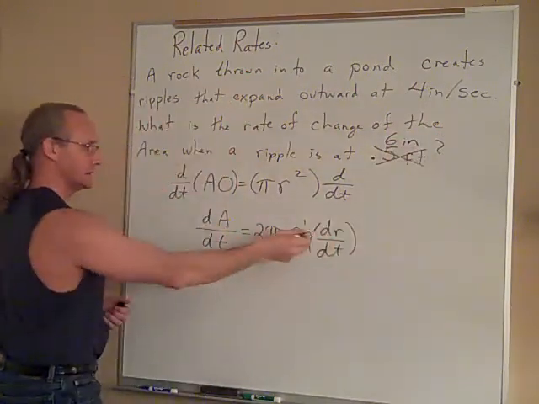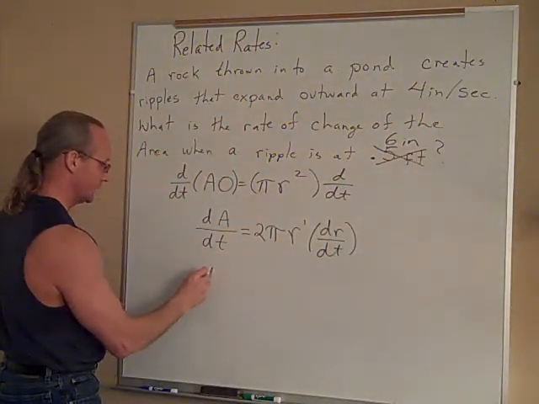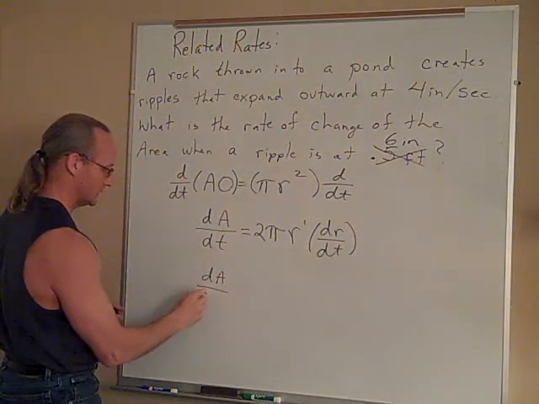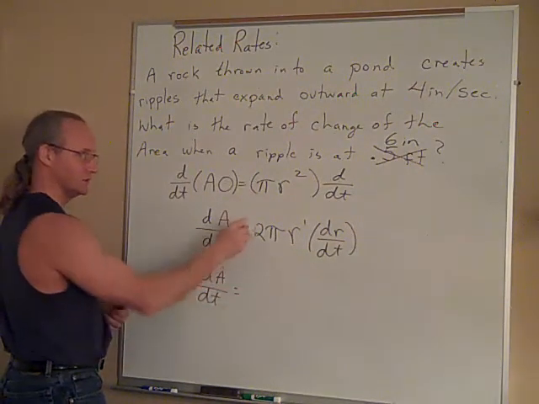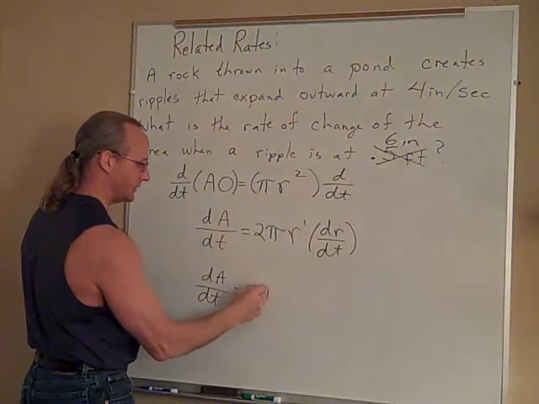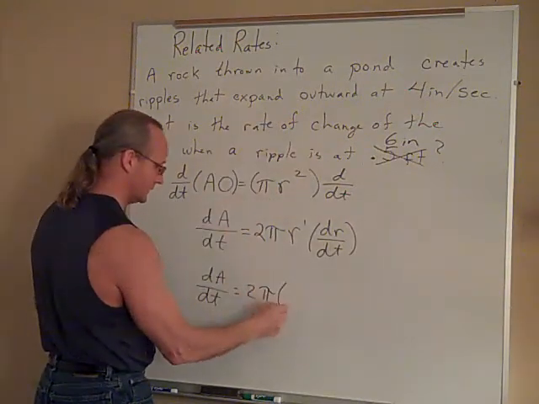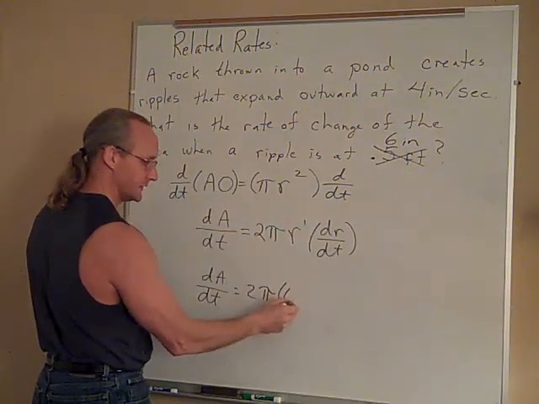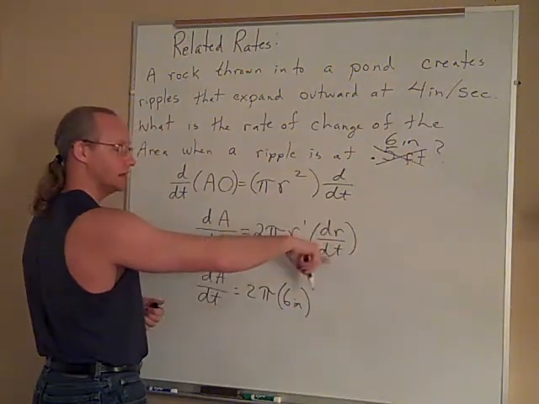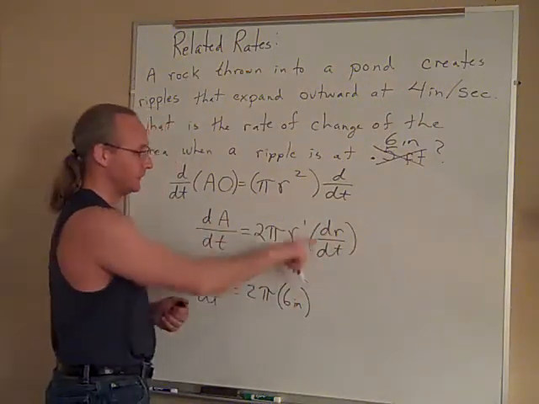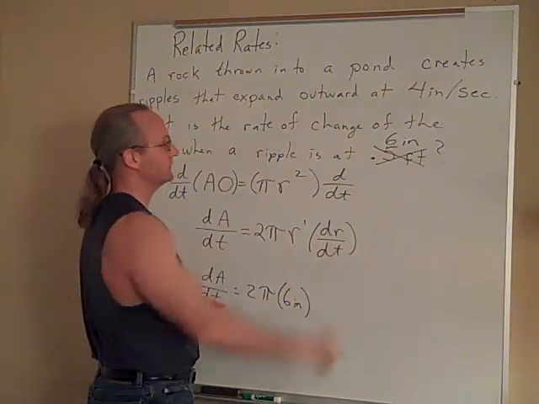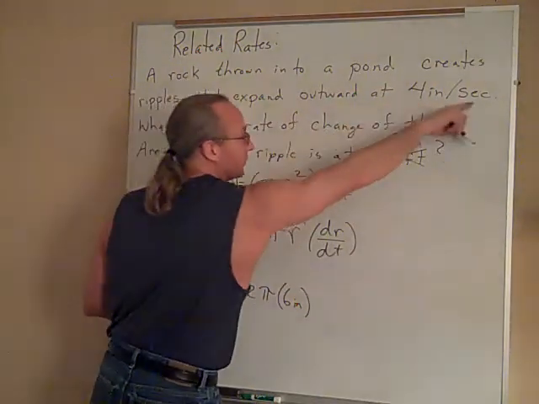And I can substitute into this equation. dA/dt is equal to 2 times pi times the radius. This is 6 inches. And dr/dt is how quickly the radius is changing over time. And the radius is changing over time at 4 inches per second.